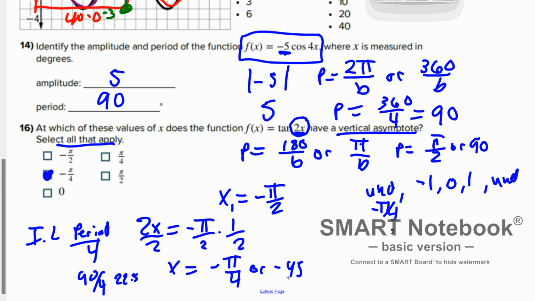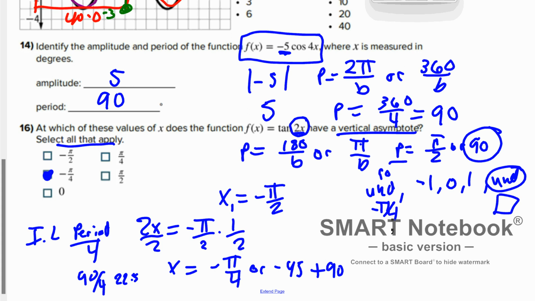So then we can keep on adding 22.5 until I get to this x, and then I know where it's also undefined. Or I know my period is 90, or pi-halves. So if I just add 90 to -45, that's going to tell me what this last one is, because that's when it starts repeating itself, right?